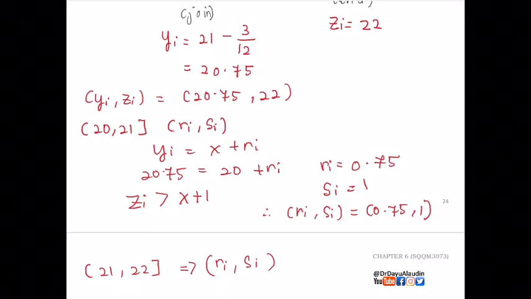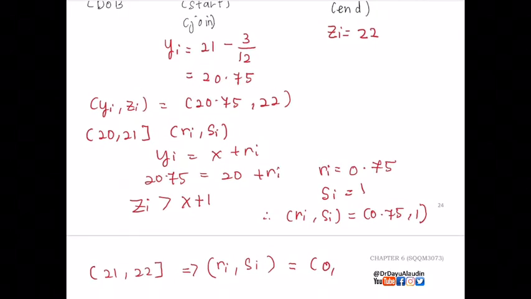When yi is less than x, Ri becomes 0. Zi is also 22, so Si becomes 1. So this one is special case B, and this is special case A.